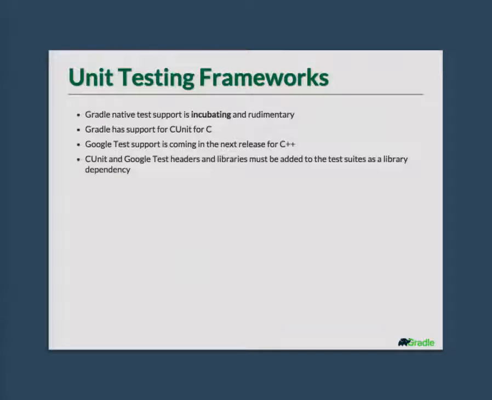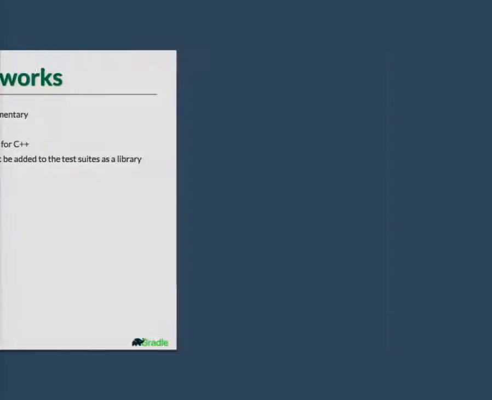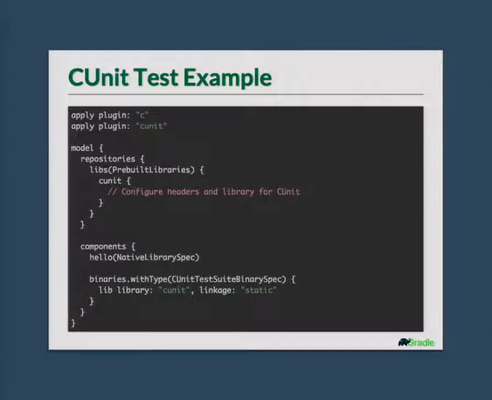Right now, you also have to define pre-built libraries for the CUnit and Google Test libraries and headers, and link them against your executables. So we'll see an example of that. So here is a CUnit example. We apply the plugin C, we apply the plugin CUnit.